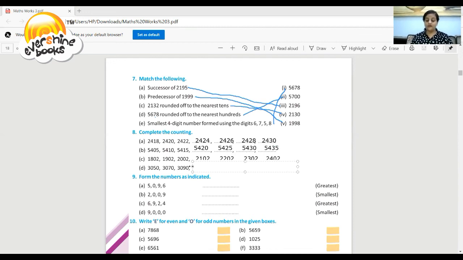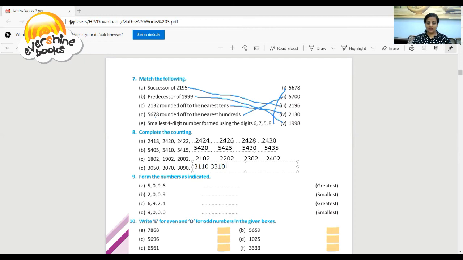After that what will come? If we add 20 with that, we will get 3110 because we are leaving 100.